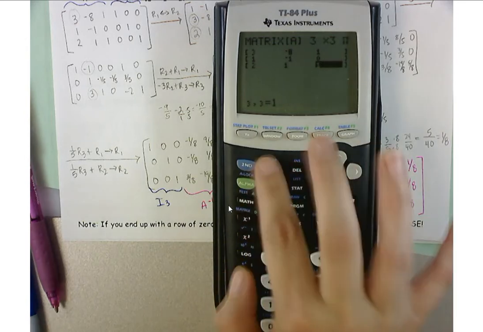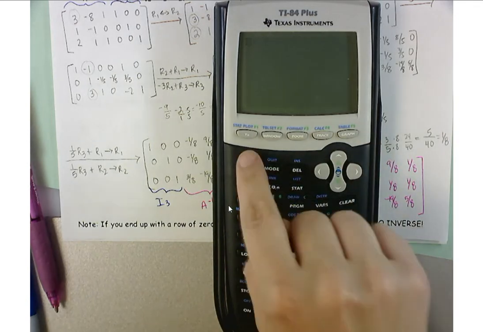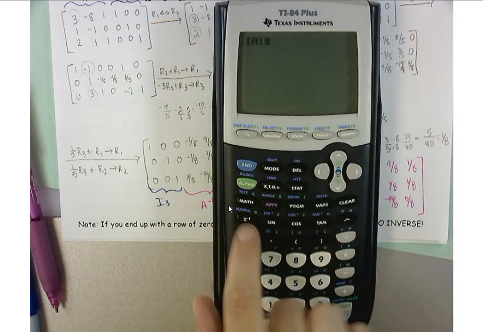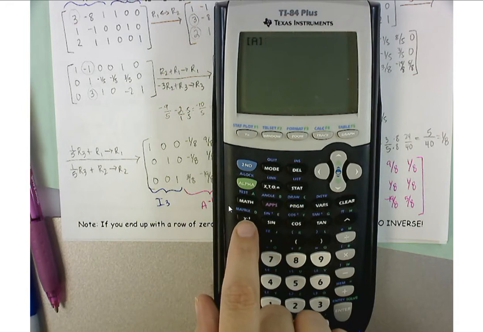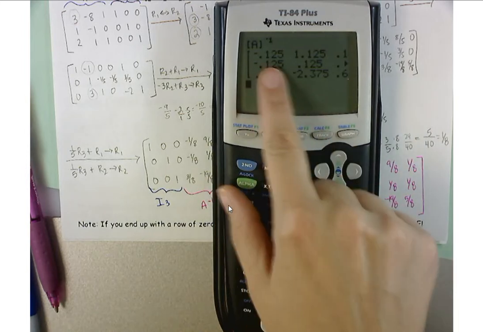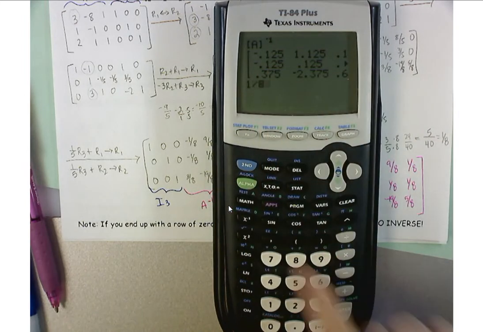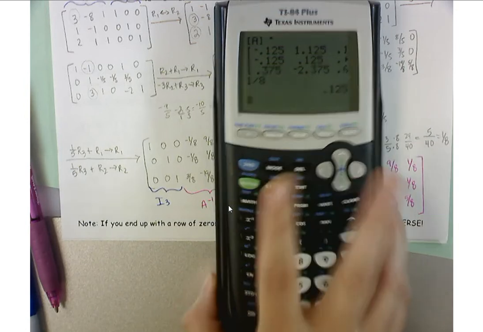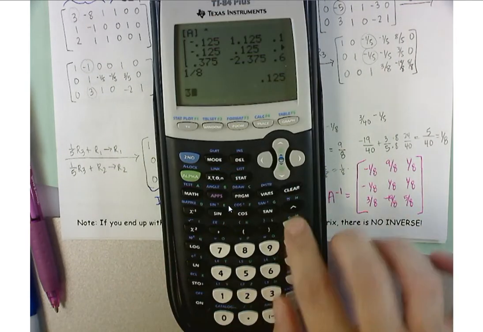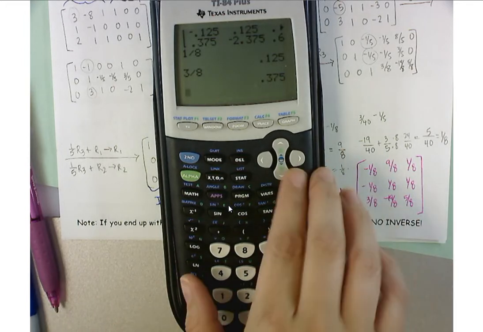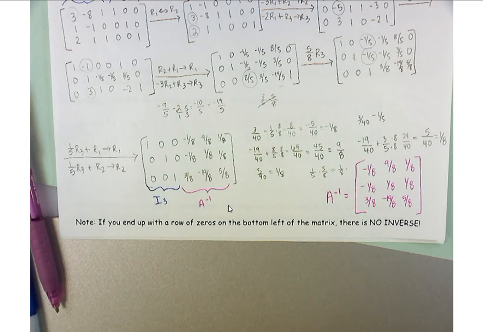And then you just go to quit, go back to your matrix, and then you're going to select A. And then see this X to the negative 1 button? That's your inverse. Enter. And then this gives it to you as a decimal, but 1 divided by 8 is 0.125. Okay, and then you could check the rest of them too, like 3 divided by 8 is 0.375. Okay, and then you would know that you did it correctly.